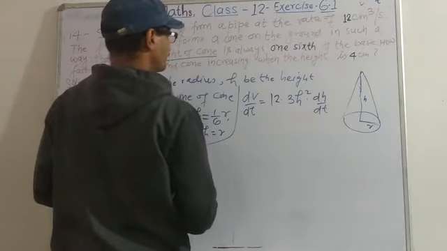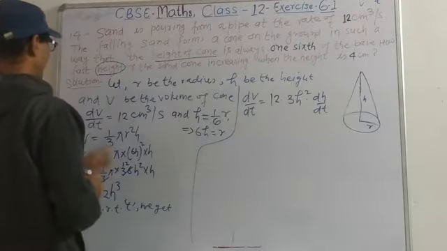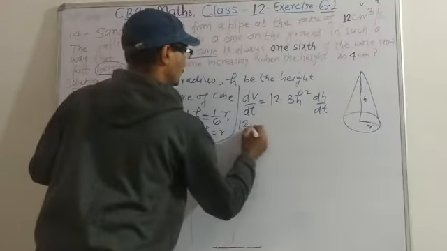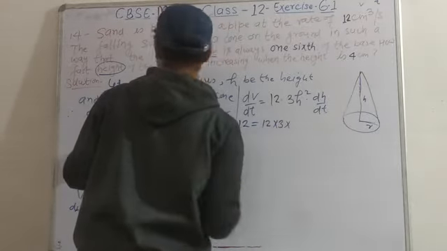Here dV by dt is 12, so 12 equals 12π into 3 into h².